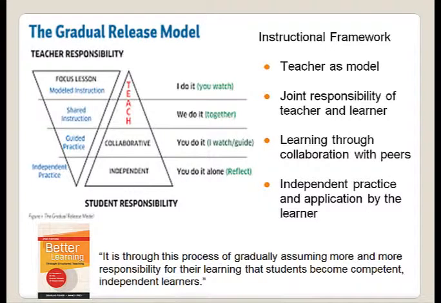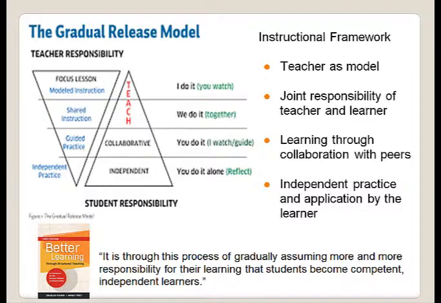The lesson in this model is based on the gradual release model as described in detail in the book Better Learning Through Structured Teaching by Douglas Fisher and Nancy Frey. In the teacher as model phase, the lesson's purpose and goals are clearly established and the teacher models his or her own thinking through direct explanations, modeling, and thinking aloud as the students observe and listen. In the guided instruction phase, students begin to take on more of the learning responsibility through carefully chosen activities, while the teacher observes and scaffolds as needed with questions, prompts, and cues.